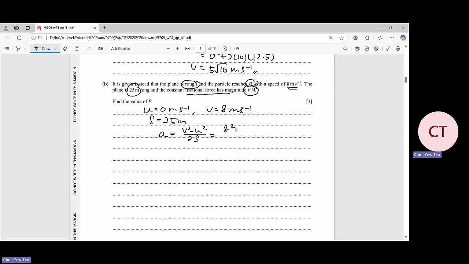So it will be 8 square minus 0 square divided by 2 times 25. When you press a calculator, you get 1.28 meter per second square. Okay, so I found the acceleration.